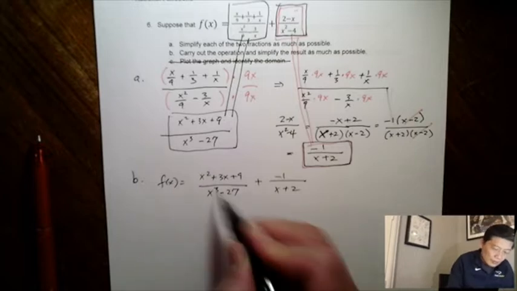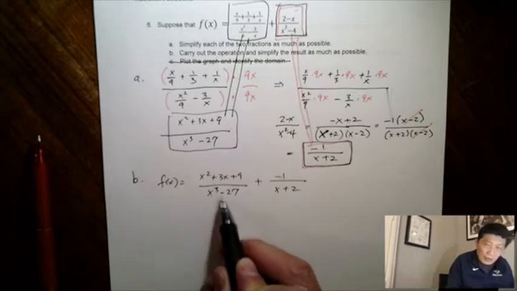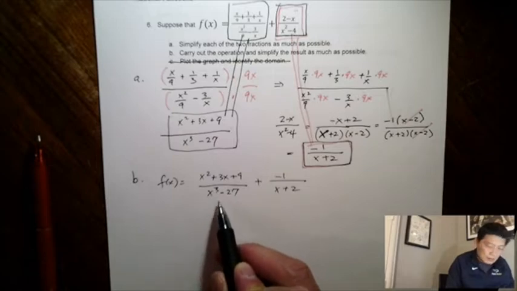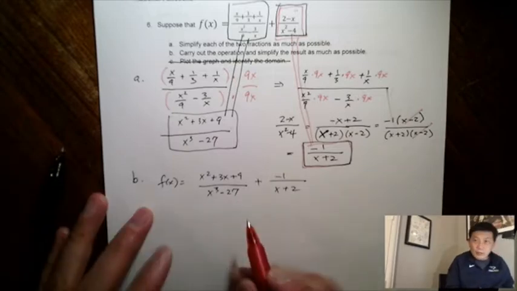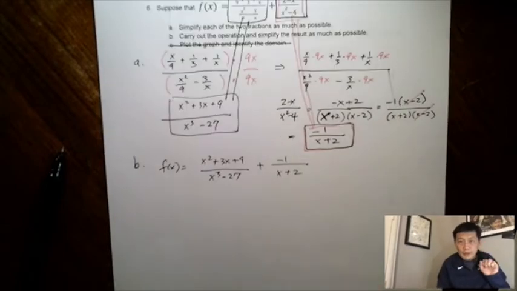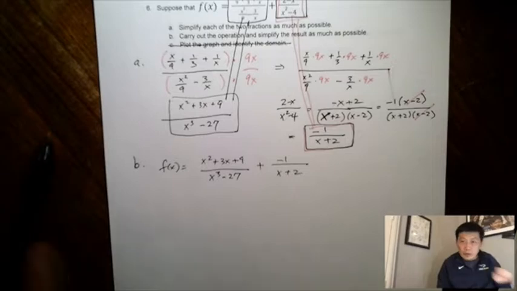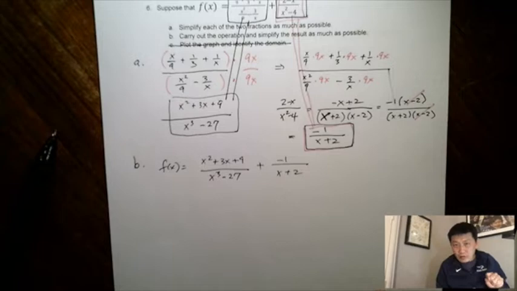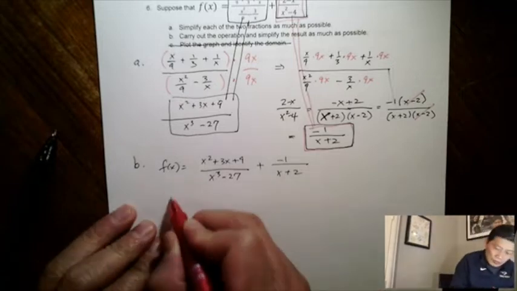I noticed that this is x cubed minus 27. Here is where my memory of some of the binomial expansion comes to help. I notice this is a difference of cubes.